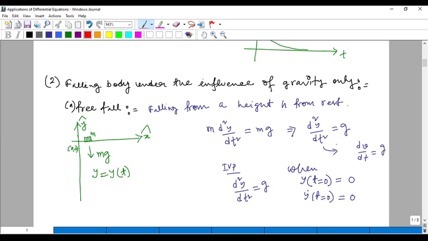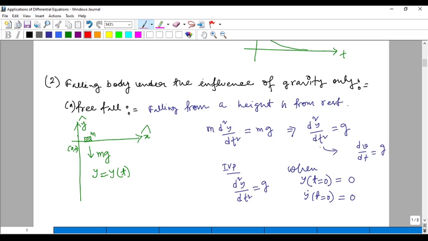Now from this second order differential equation, we can obtain a first order differential equation if we change the variable from y to v. We know that this acceleration d2y/dt2 is equal to dv/dt, the first order derivative of the velocity. So this is a first order differential equation, and we can get the expression of the velocity.